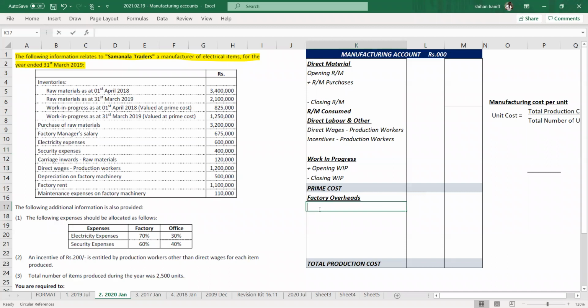From the electricity expense, you take 70% to the factory. Out of 600, only 70% to the factory.